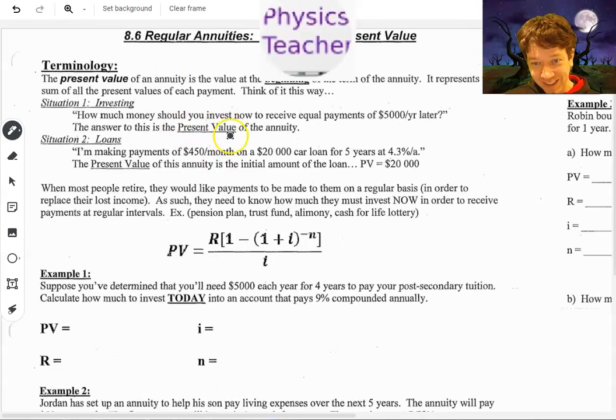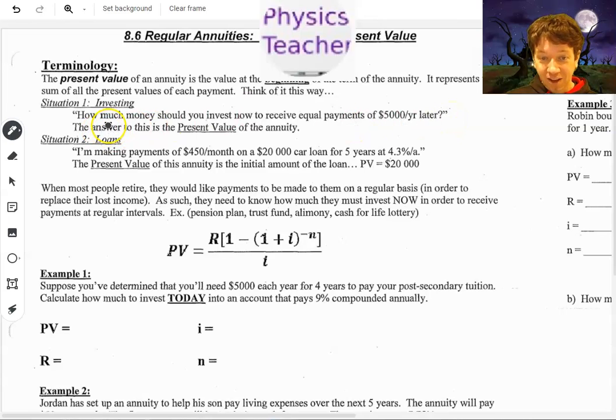So this present value is what we're going to do to actually determine how much money we would want every month when we retire, for example. Okay, so if we're investing, the question could be, how much money should you invest now to receive equal payments of $5,000 per year later?